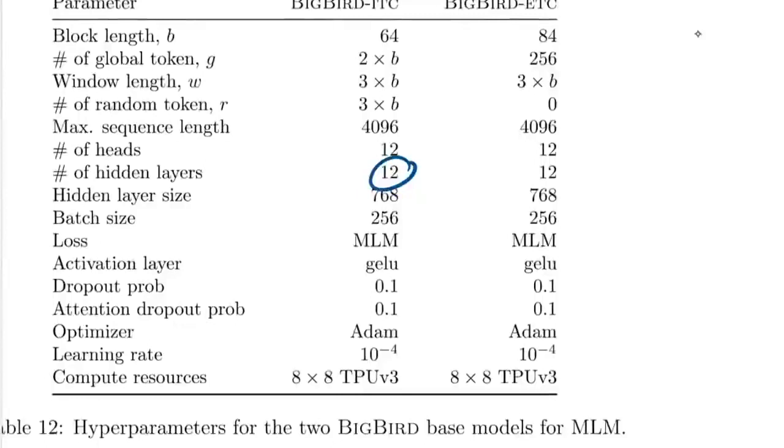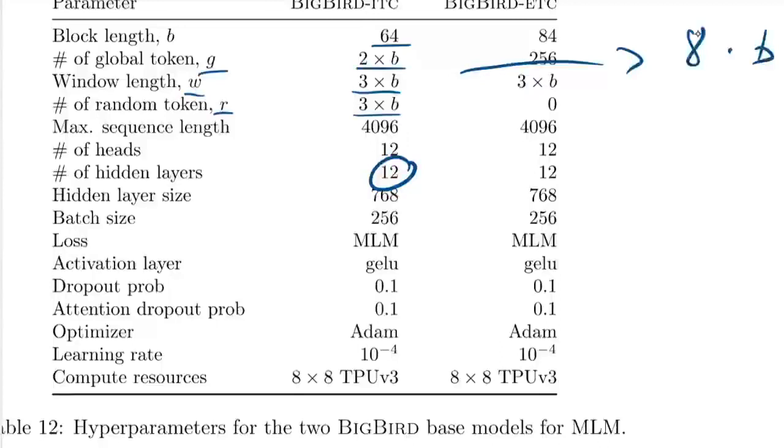And you can see they have this block length, and we'll get into the block length in a second. But then you can see that their window size is 3 times the block length. The number of random tokens is 3 times the block length, and the number of global tokens is 2 times the block length. So that results in 8 times B.